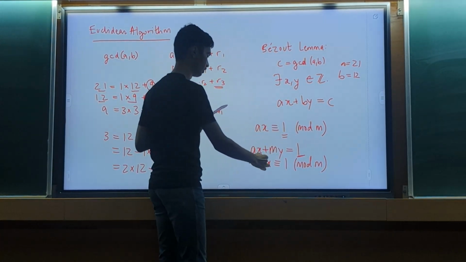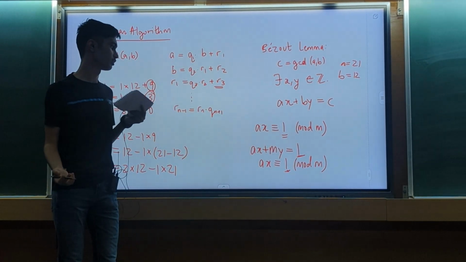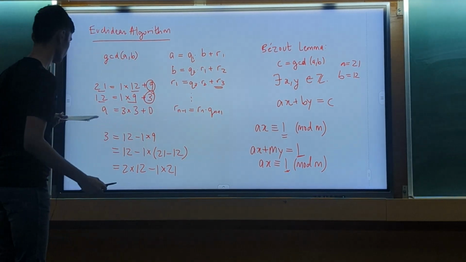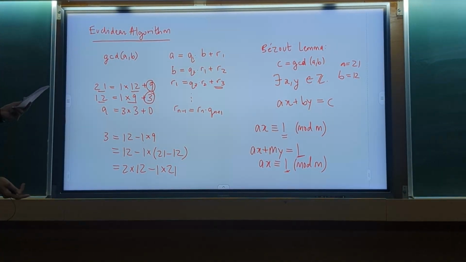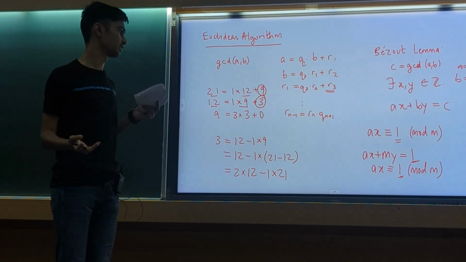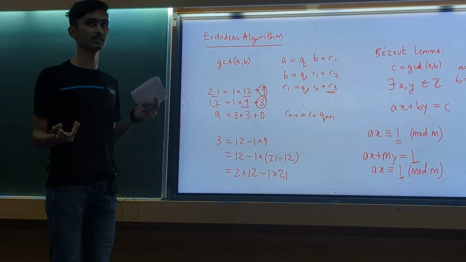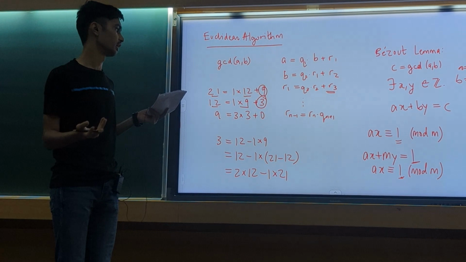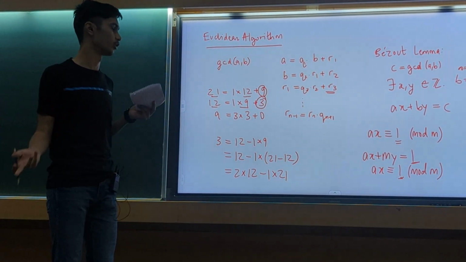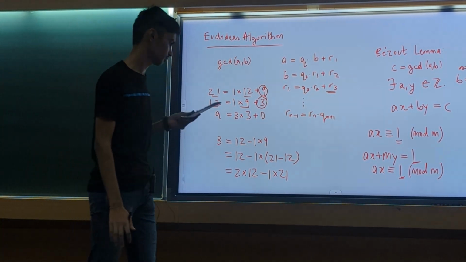Then when you reduce it modulo m, you won't get 1. So the condition for modular inverses to exist is that a and m should be co-prime. With this we can also state that if we take m as a prime p, then every integer less than p will have a modular inverse because it is co-prime with p.